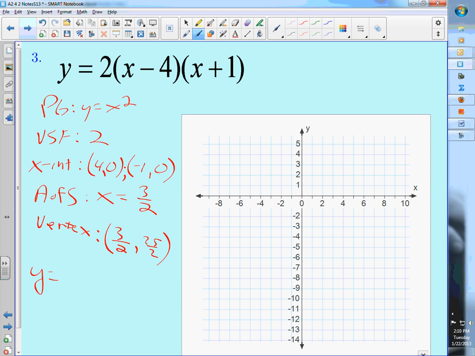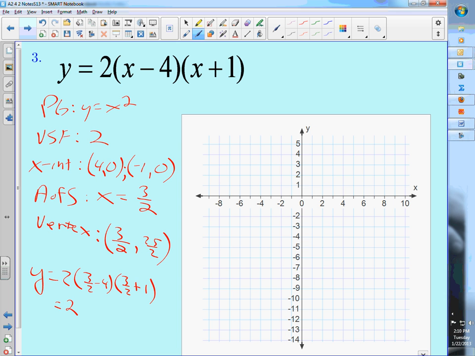Is anyone not sure how to find the y-coordinate of the vertex? Plug in the 3/2 for x, right? So we're going to have 2 times 3/2 minus 4 times 3/2 plus 1. That's going to be 2.